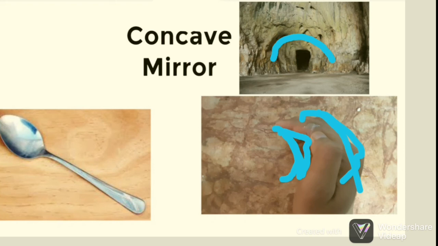So we have a concave mirror. I searched for a concave mirror in my house for explaining this, but I could not find it. So I took a spoon, and a spoon is also a concave mirror, because it has a hollow surface and a shining surface which reflects the light. So this is a good example of a concave mirror.